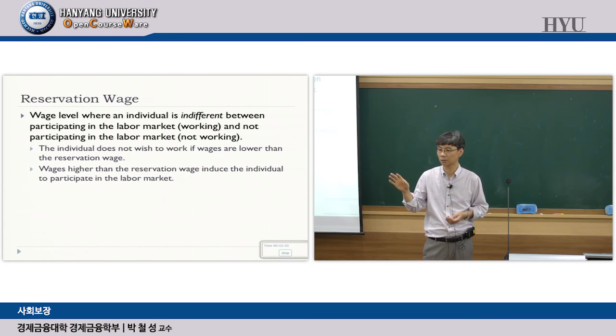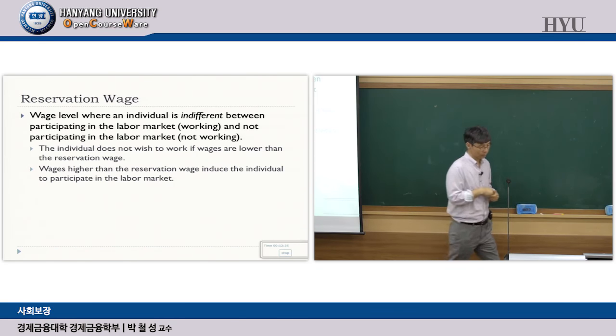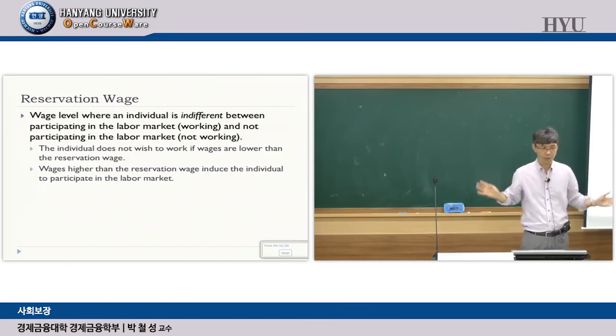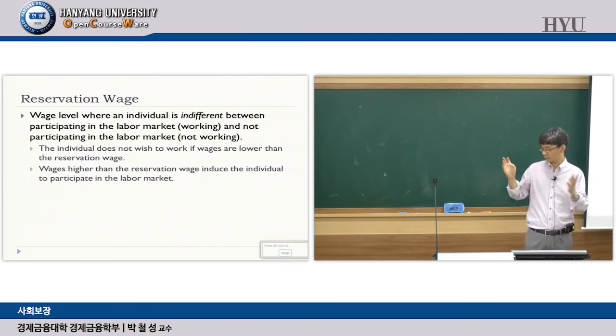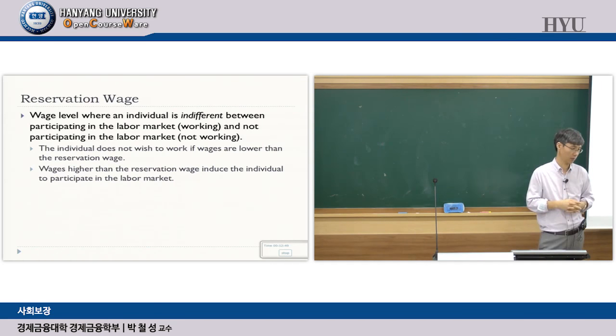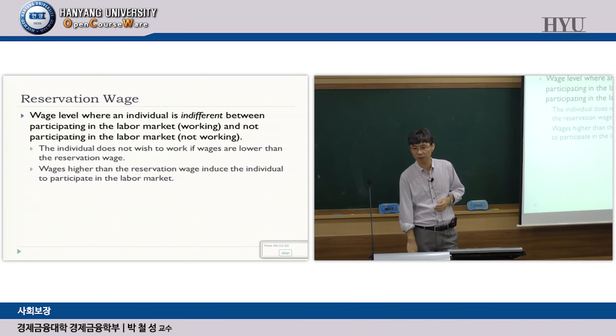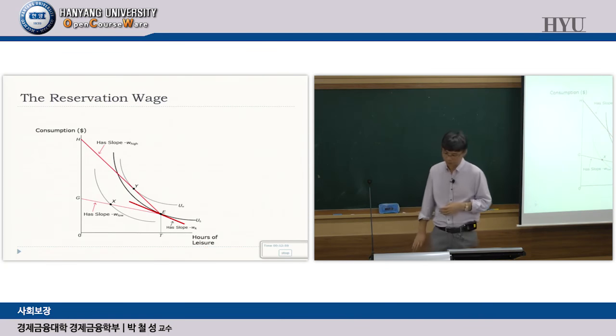Okay? So there are a bunch of individuals who find that the wage offered to them is lower than the reservation wage, so they do not work. Okay? That's how we look at working or not working decisions: a comparison between the wage offered and the reservation wage.